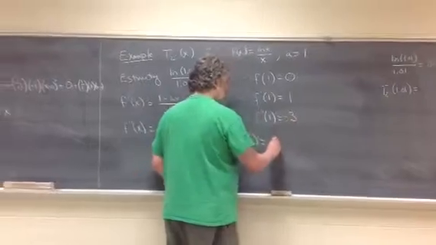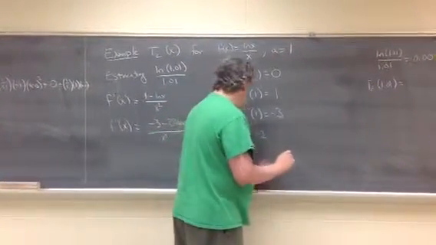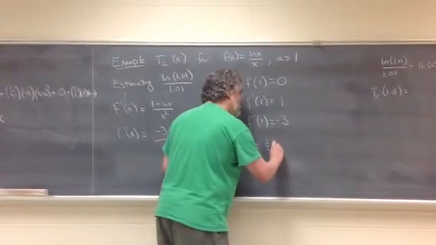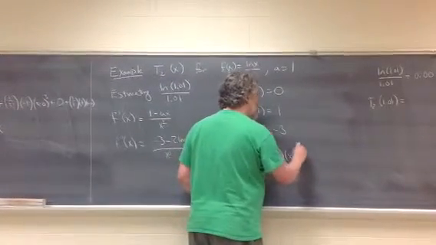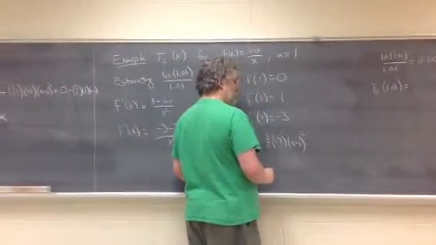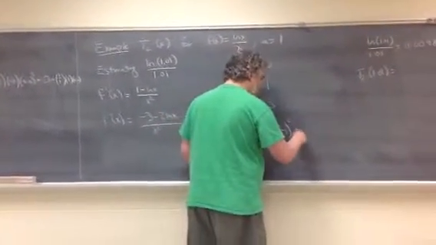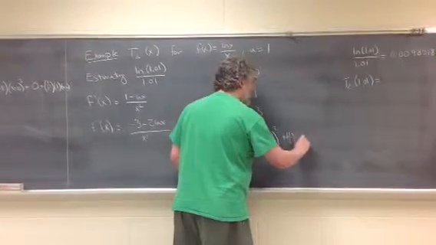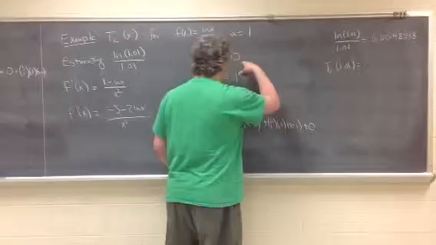So I get T2 of x is going to be, let's do this one first. Minus 3 over, I'm sorry, let's write it the way we've been doing it. 1/2 times minus 3 times (x minus 1) squared, plus, now let's use this one, 1 times (x minus 1), plus 0, and that term doesn't matter much.